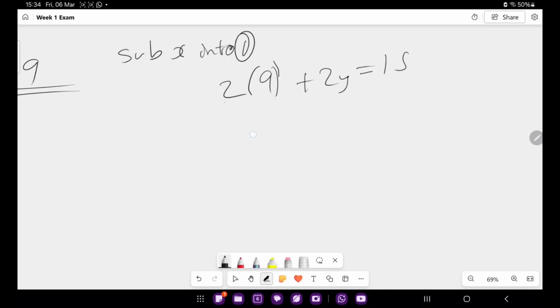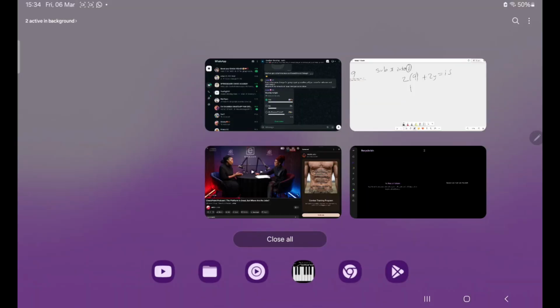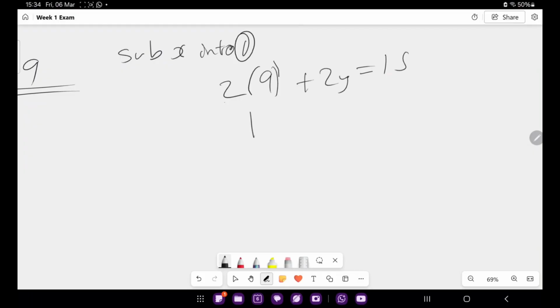Two times 9, we get 18, plus 2y is equal to 15.